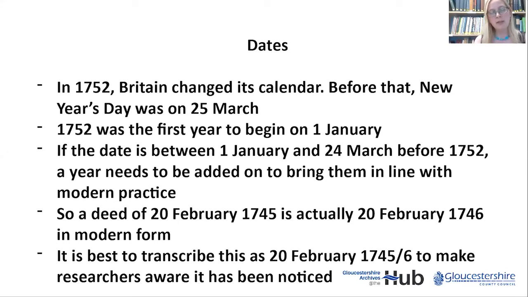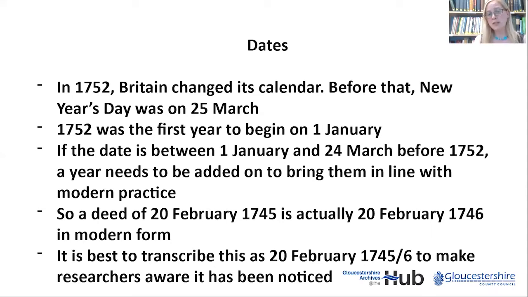And then we've got the calendar change in 1752. Before that, New Year's Day was on the 25th of March, and 1752 was the first year that began on the 1st of January. As a general rule, if the date is between the 1st of January and the 24th of March before 1752, you need to add a year on to the end of the year that you think it is to bring them in line with the modern practice.